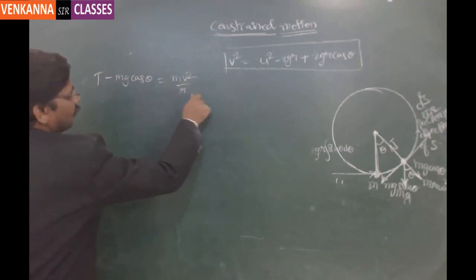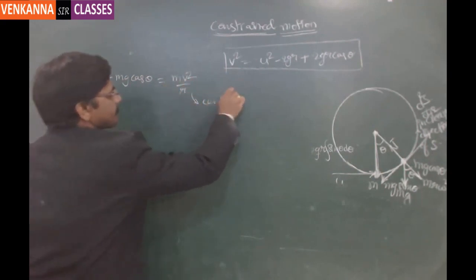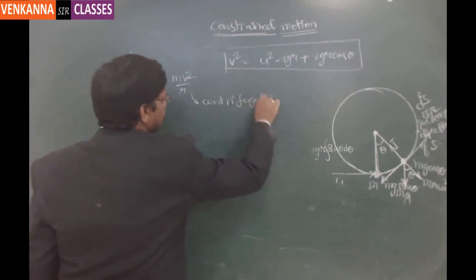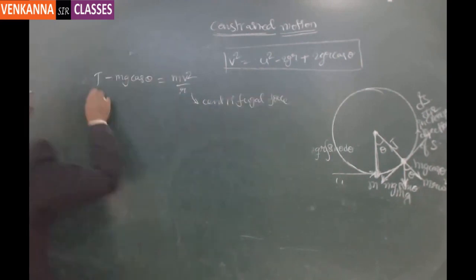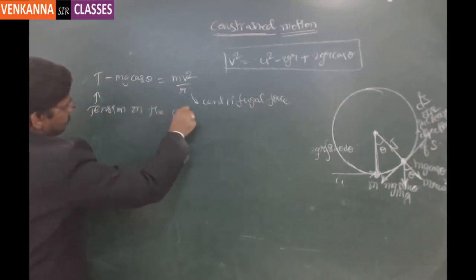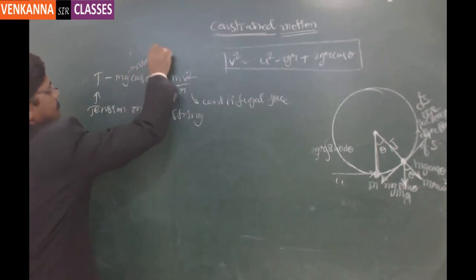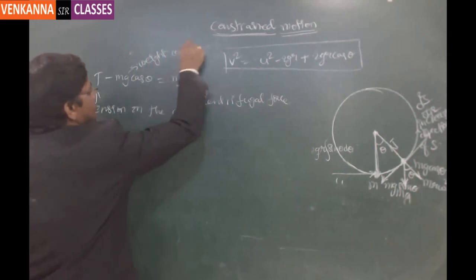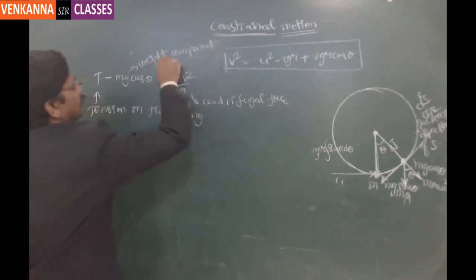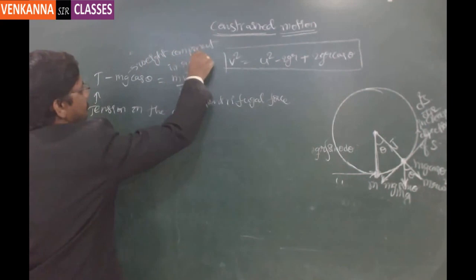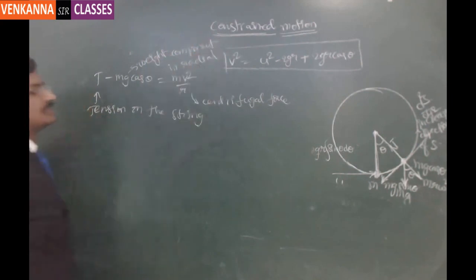So this is the centrifugal force, and this is the tension on the string, and this is the weight component in the radial direction. So these are the three different forces that are acting in the radial direction.